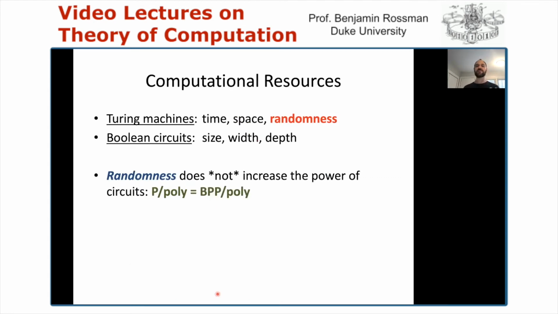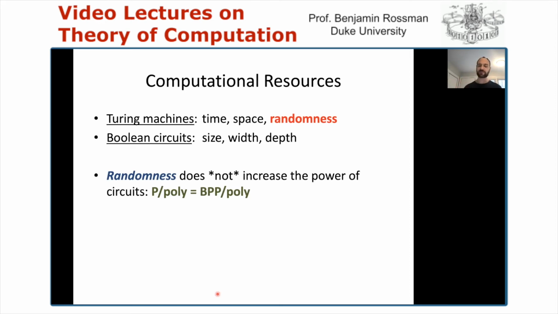So randomness is an interesting resource in the setting of Turing machines, in the setting of uniform complexity theory. It turns out that in the setting of non-uniform Boolean circuits, randomness does not increase their power. So you can show that P/poly equals BPP/poly, so in the non-uniform setting.